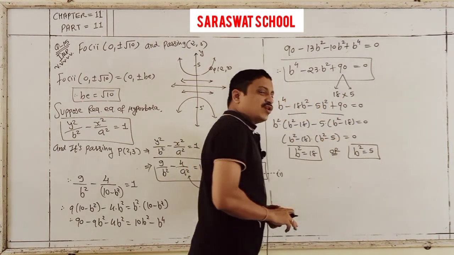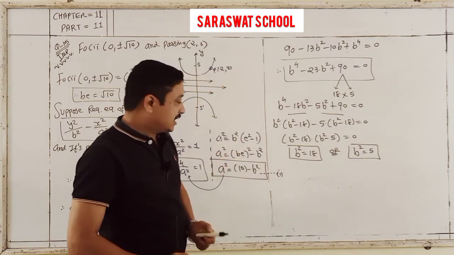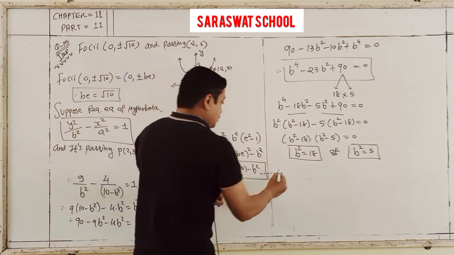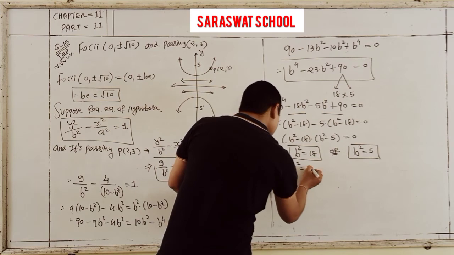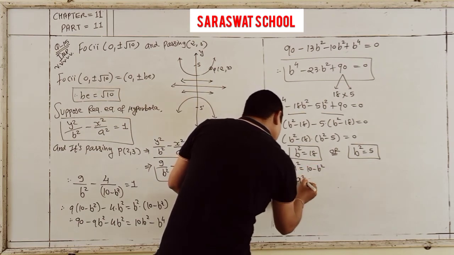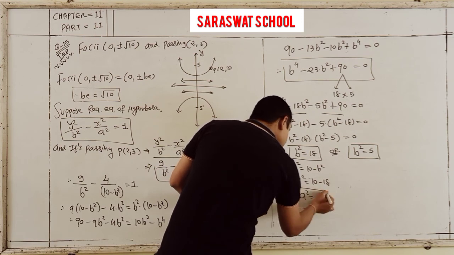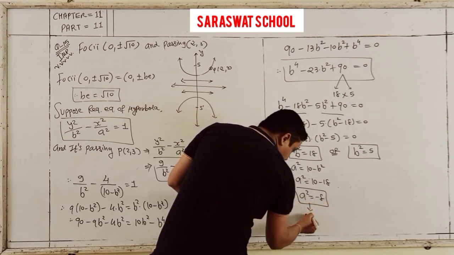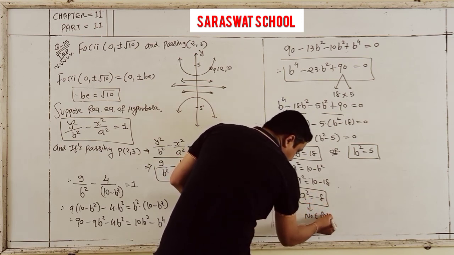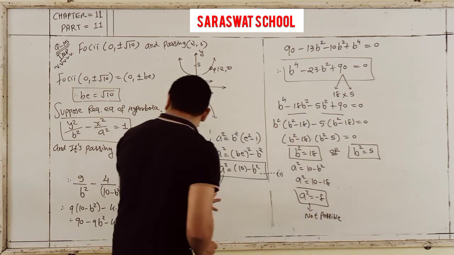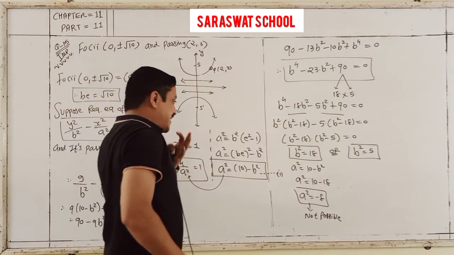But students, one answer is not possible, because in equation number 1, a square, you know, is 10 minus b square, and 10 minus 18 is minus 8, which is not possible. So I will not take that answer as valid.